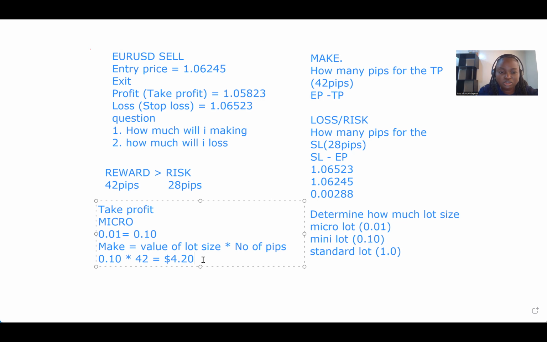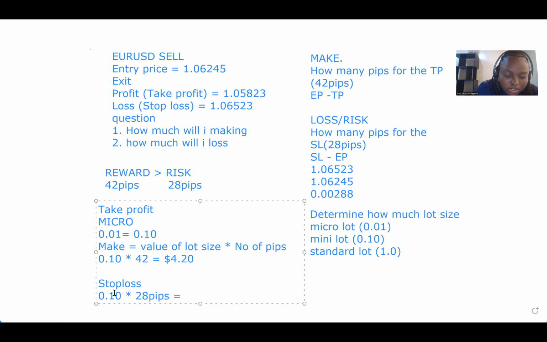Now let's go to the stop loss. It will be the same way: 0.10 multiplied by 28 pips, which equals $2.80.